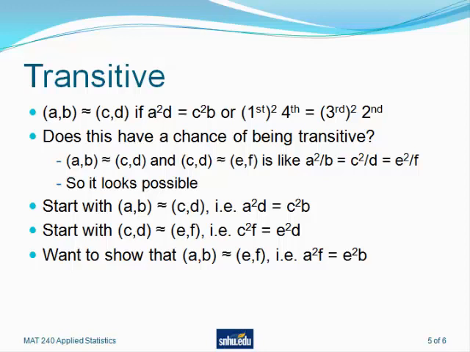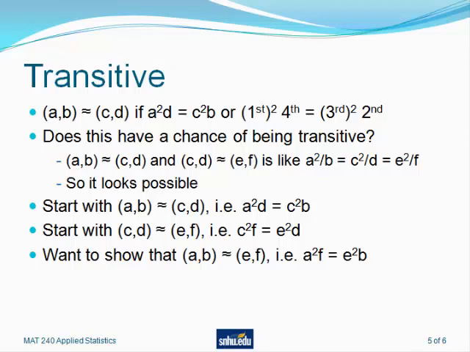So this relationship is kind of like A squared divided by B equals C squared divided by D. And since C squared divided by D equals E squared divided by F, this certainly looks like a relation that should be transitive. So we're trying to prove something that we believe is true. That's a good feeling.